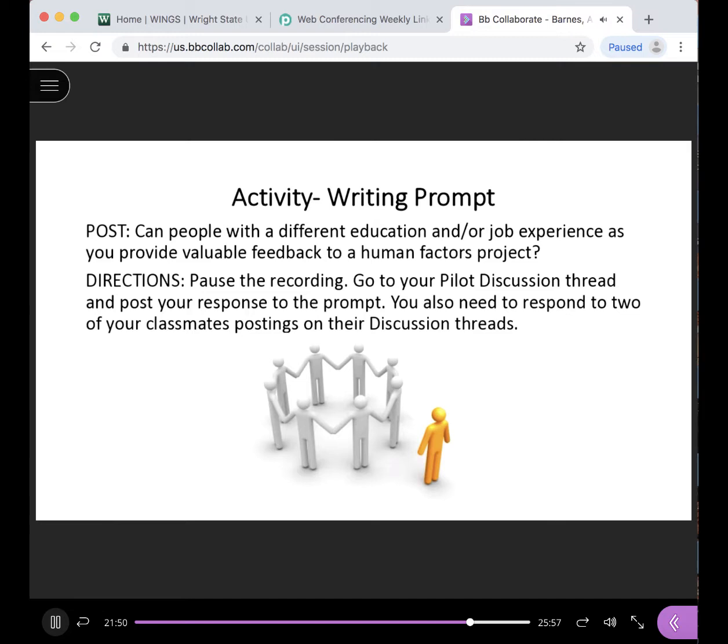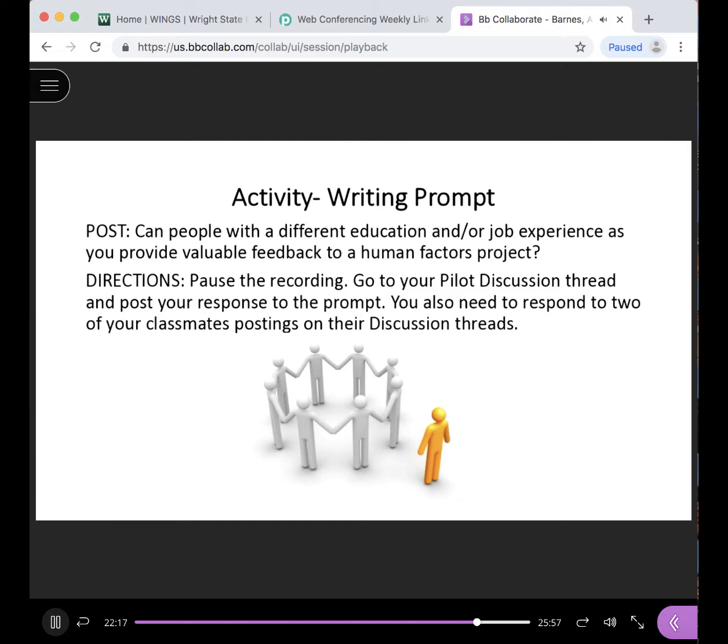I would like for you to take a moment. Again, we have a different writing prompt. Can people with a different education and or job experience from you provide valuable feedback to a human factors project? Please pause the recording. For this writing prompt, you're going to post it in your Pilot discussion thread.